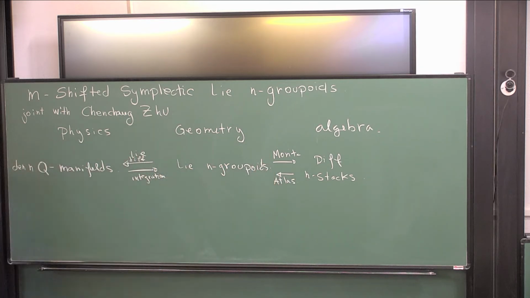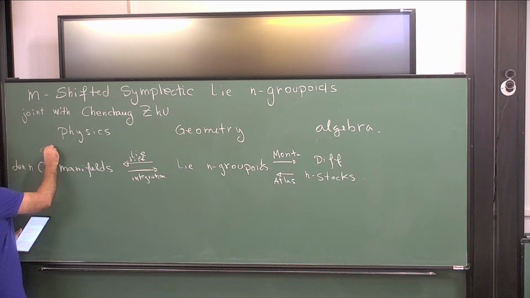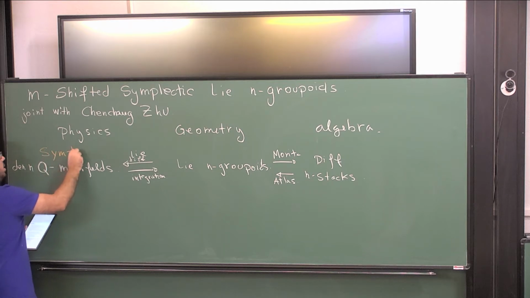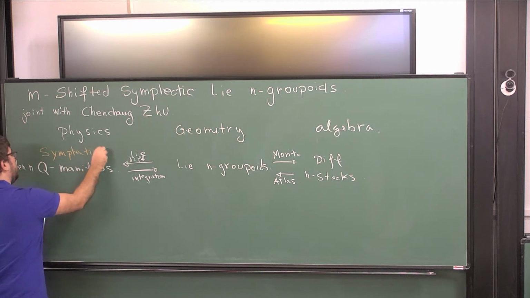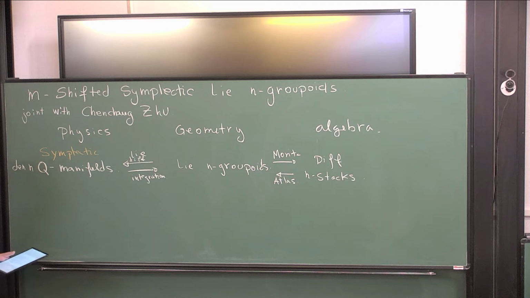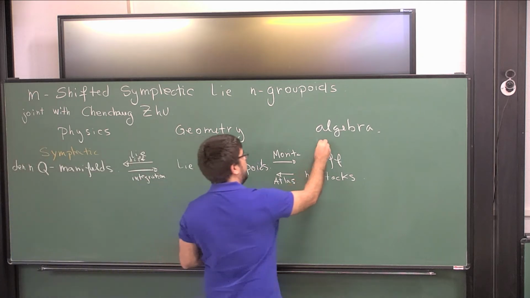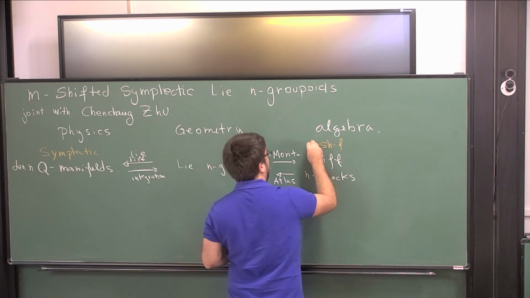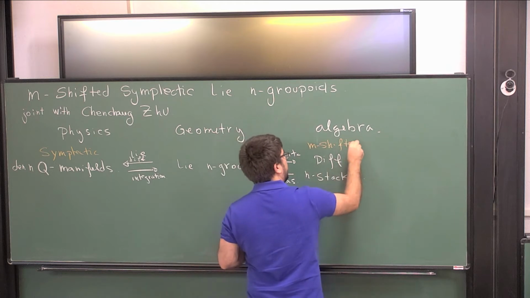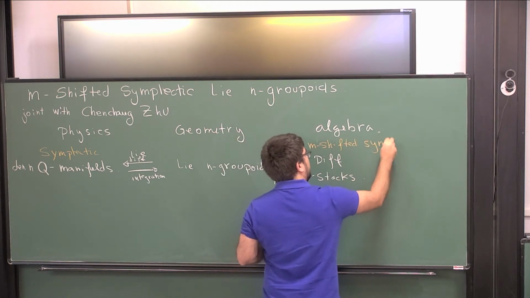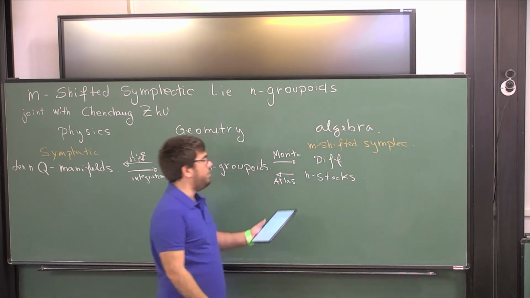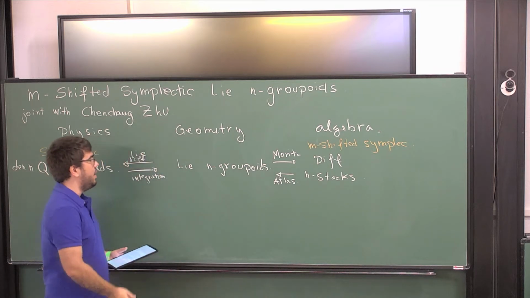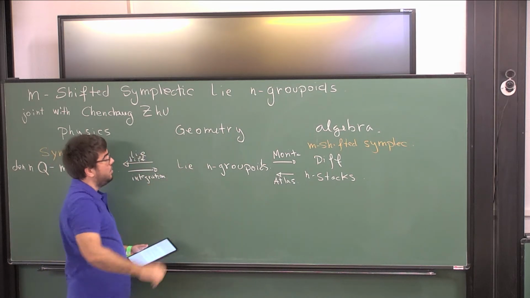And here there is a notion of what a symplectic Q manifold is. There is a notion of what a shifted symplectic, or n-shifted symplectic differentiable n-stack is, and what happens here in the middle.